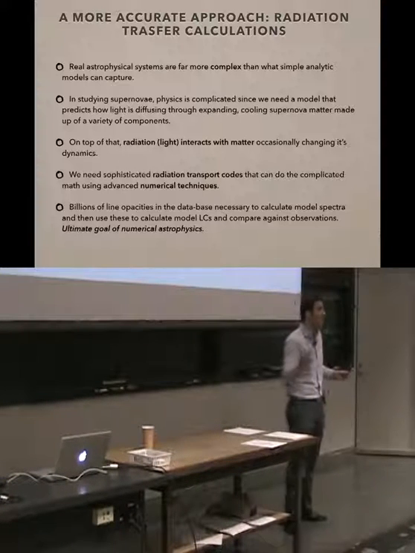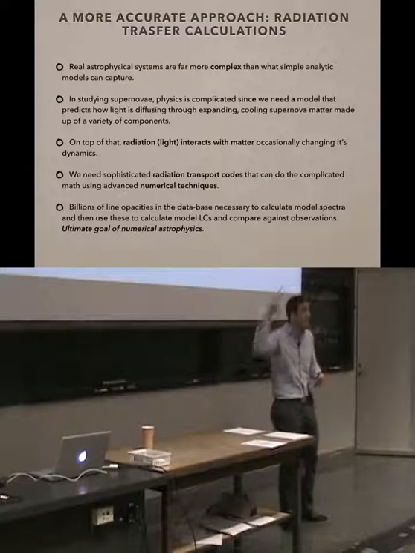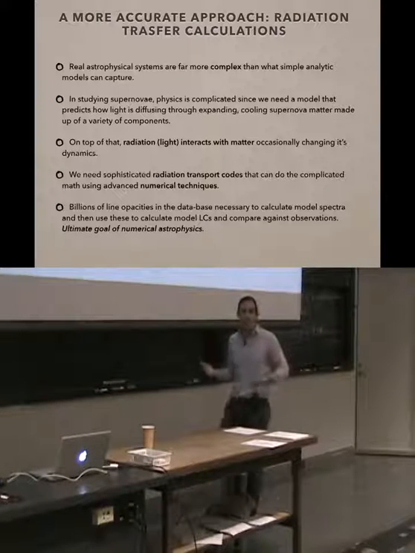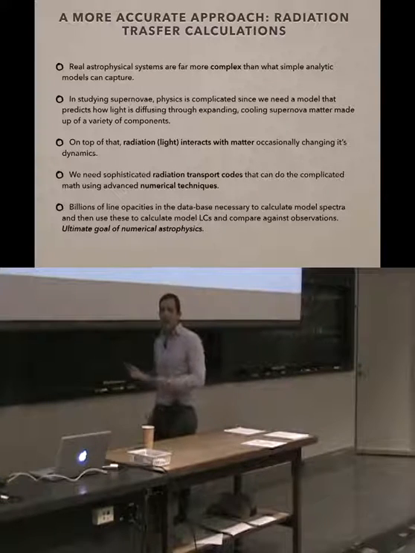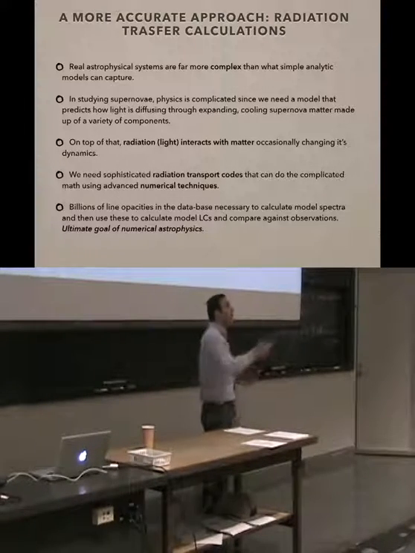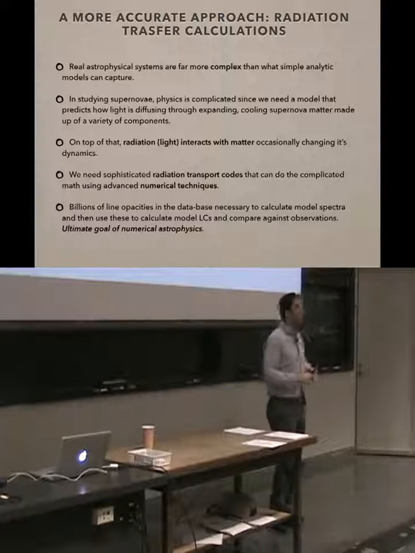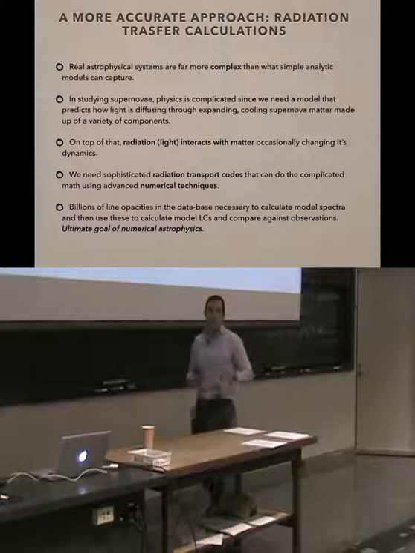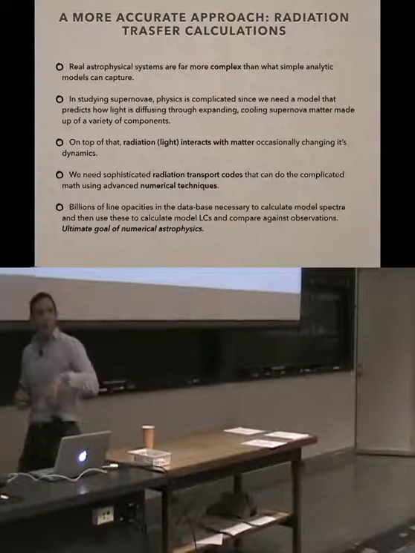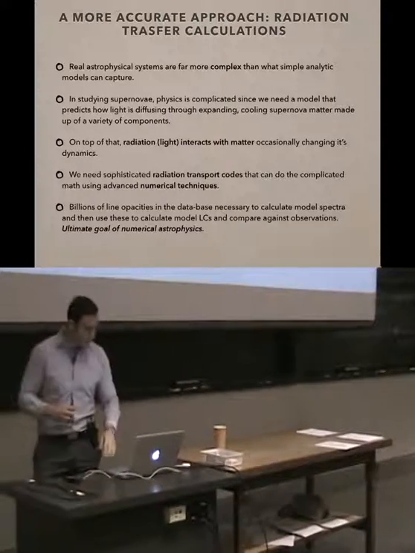And that is to model the spectral lines. And those are billions of opacities. So the database of this data is huge, and you can only get it from big laboratories that have done the measurements, like Los Alamos, for example. We can measure the opacity of material in laboratories, and those are the ones we use when we build those codes to try to model the spectra of supernovae.